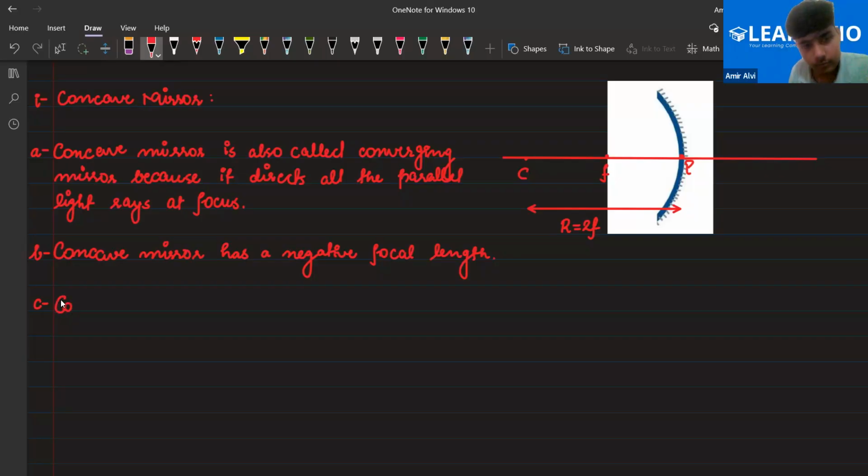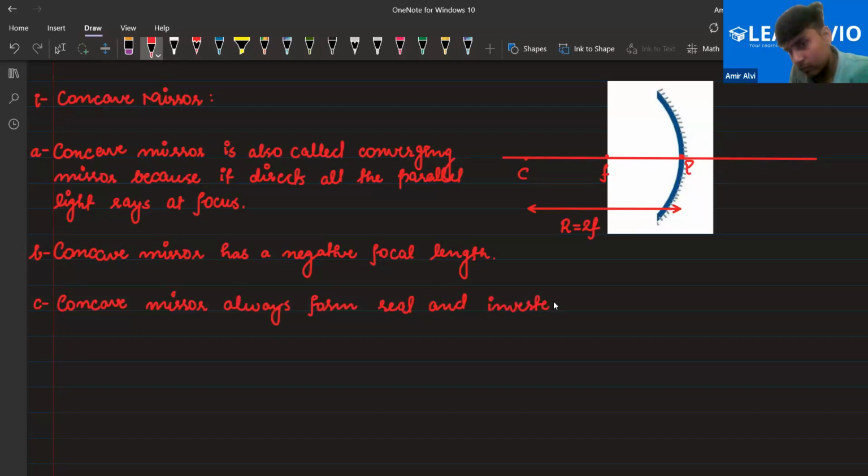So concave mirror, okay, except in one case, it will not form real images.